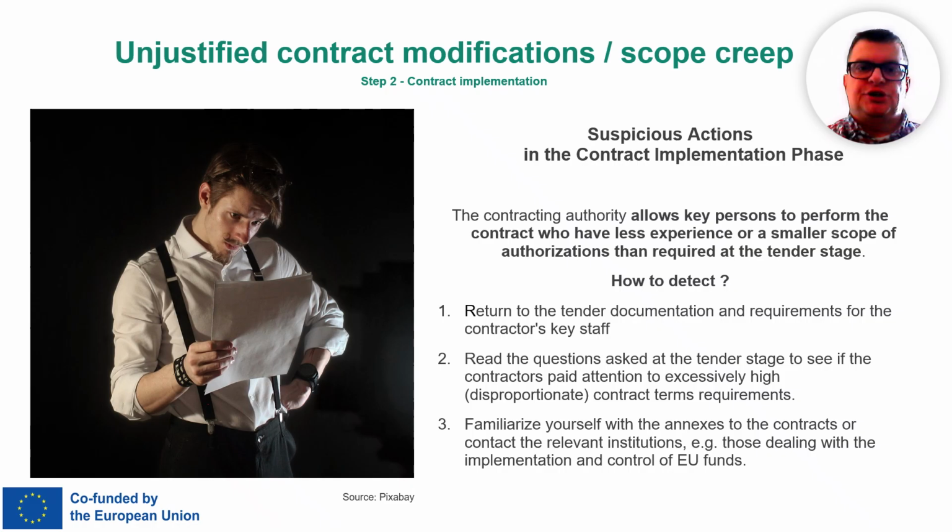Look at what qualifications and authorizations were originally required for the key staff. Review the questions that were asked during the tender stage. See if economic operators raised concerns about the contract terms being too demanding or out of proportion. Take a look at the annexes attached to the contract. If needed, reach out to the relevant institutions, for example, the ones that handle professional authorizations or certifications, to confirm the staff's credentials.